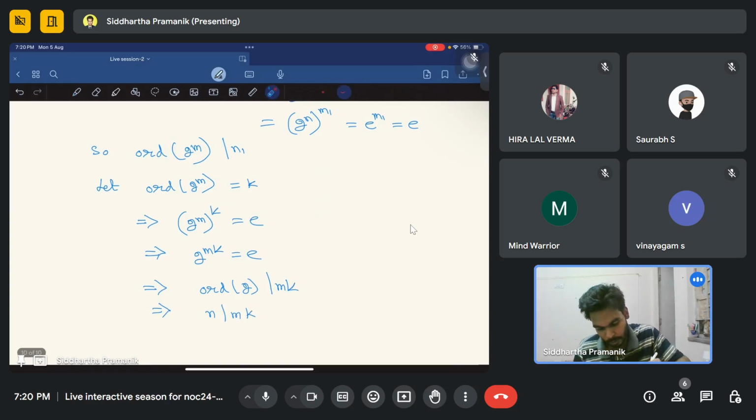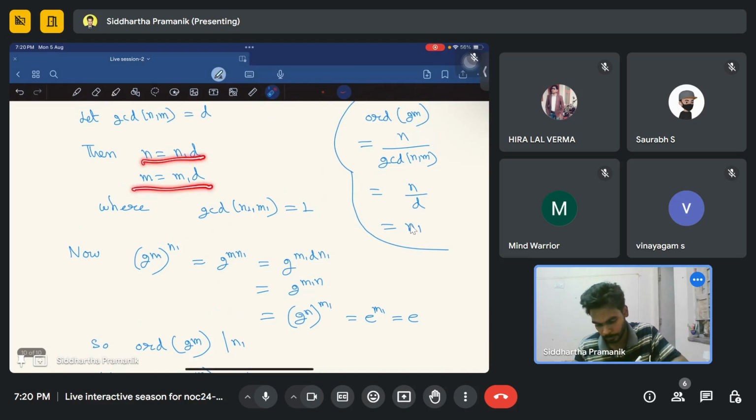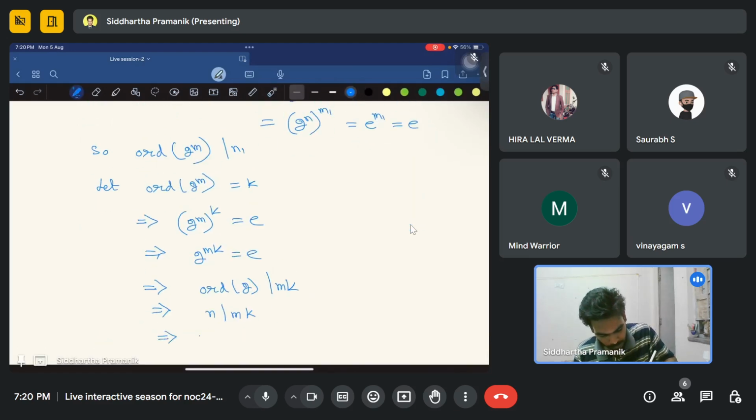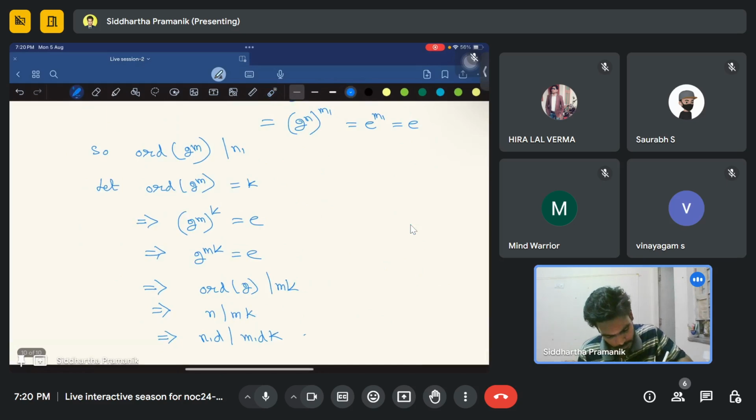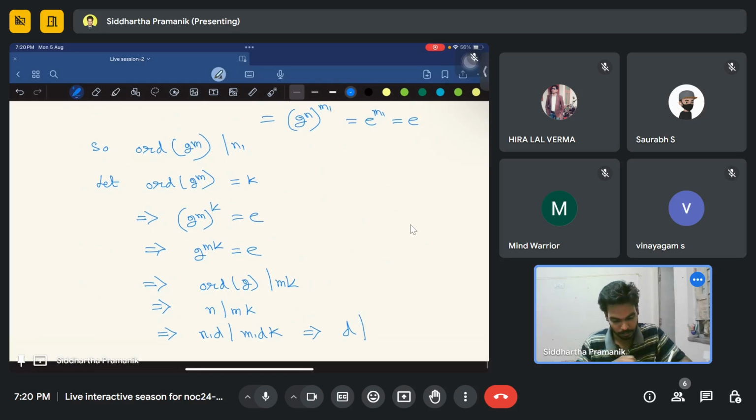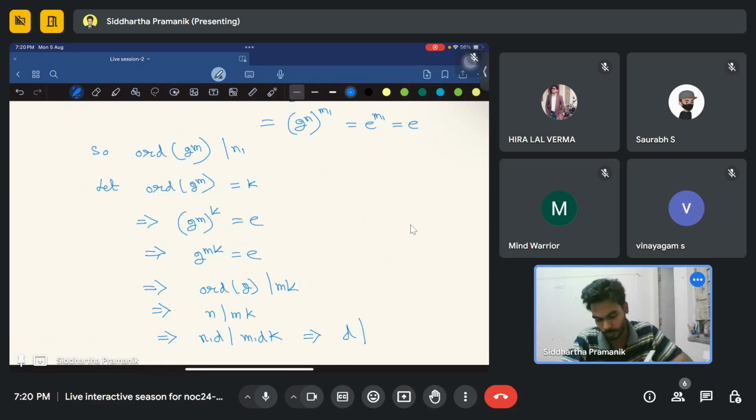Now let us substitute the value of n and m. So this will imply n1d will divide m1d times k. Now GCD of n1 and m1 is 1.